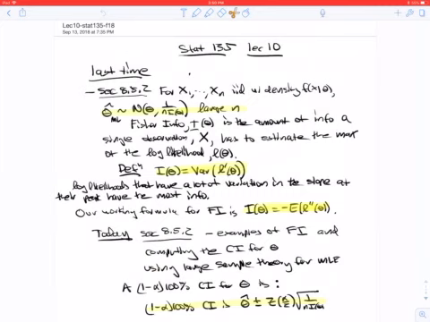Last time we started section 8.5.2, where we discussed some of the asymptotic properties of the MLE estimator.